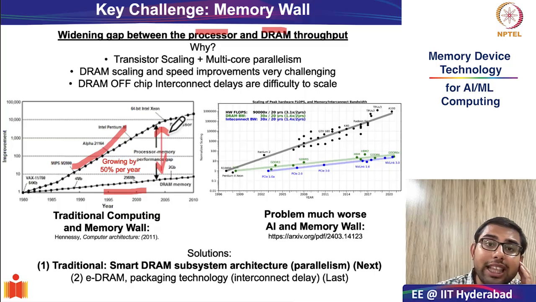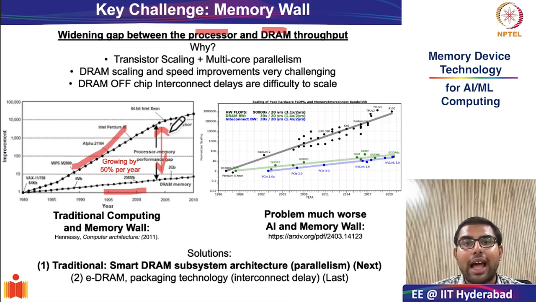And this difference in throughput is why we have a big bottleneck at the CPU and main memory interface, right? And we also saw that the problem becomes much worse with data intensive AI/ML based computations.